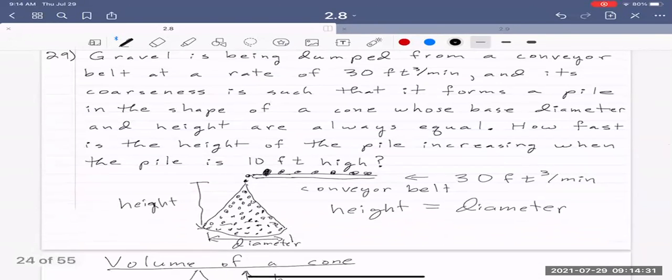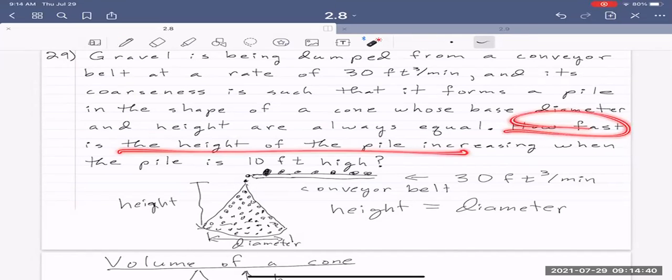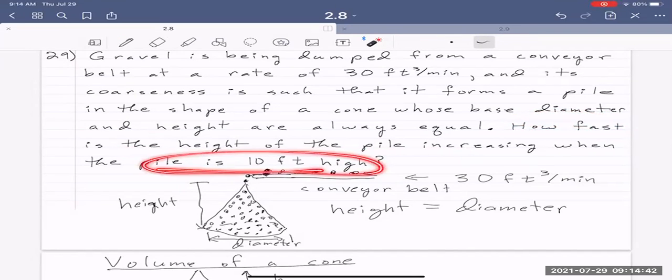What else do we know? We want to figure out how fast the height of the pile is increasing when the pile is 10 feet high.